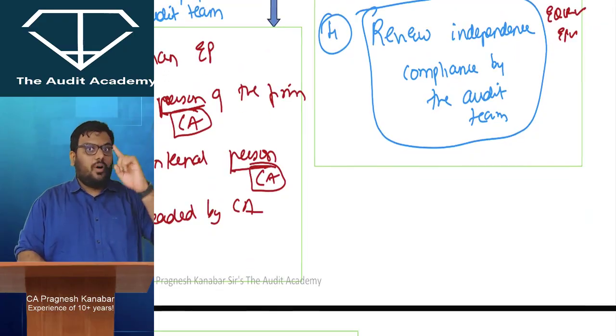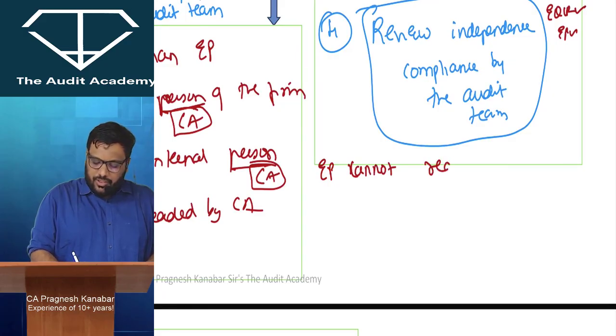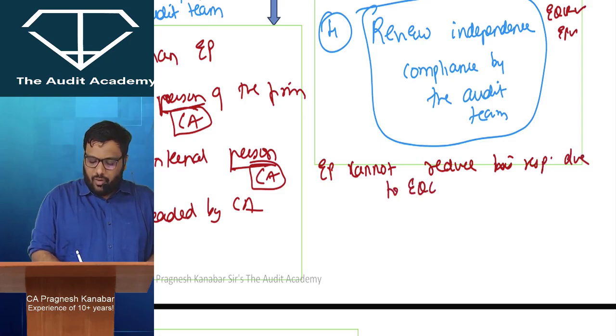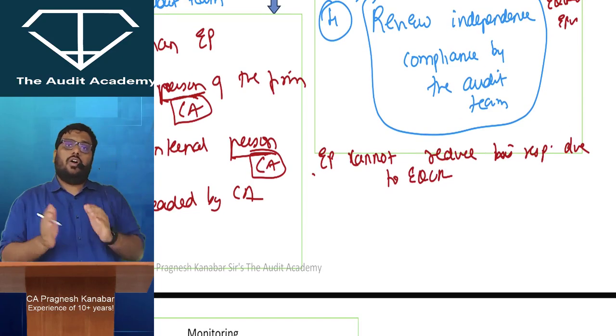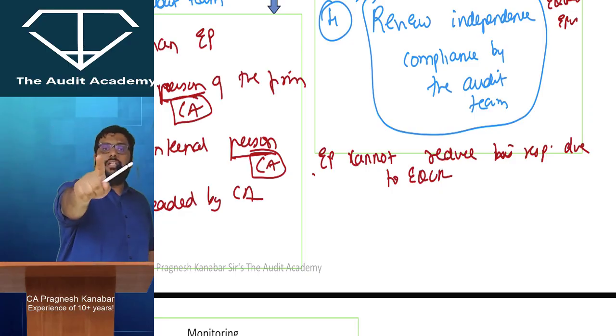Listen to me for one more point. The engagement partner cannot reduce his responsibility because of engagement quality control review. Just because there is one more person who is doing engagement quality control review, that does not mean the engagement partner can reduce his responsibilities.